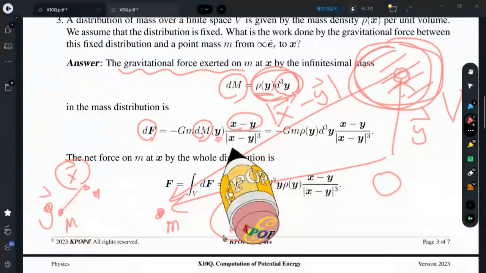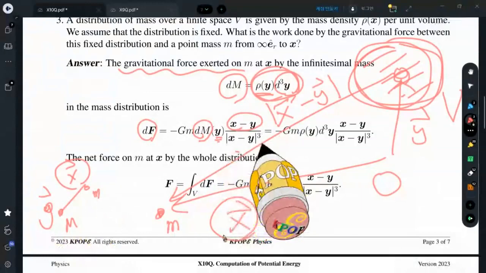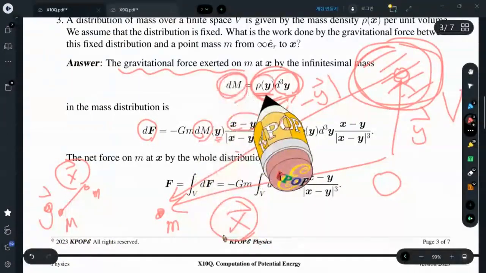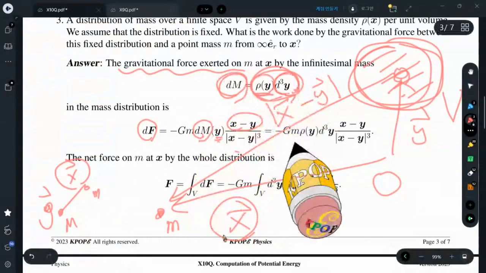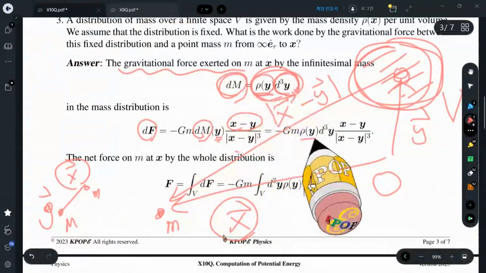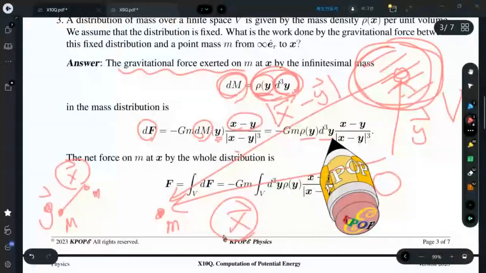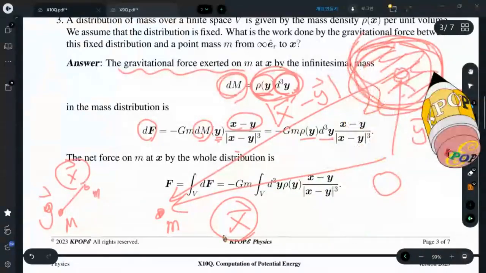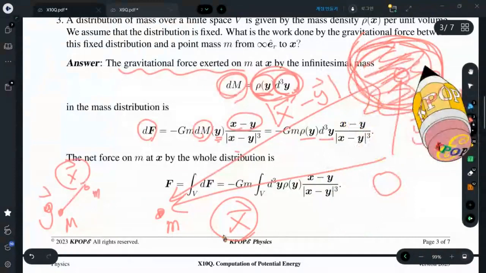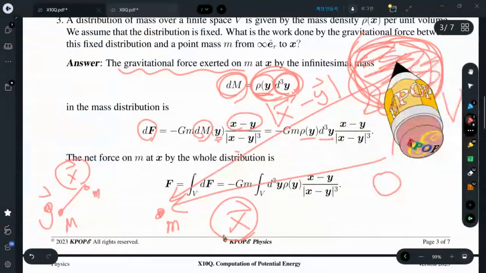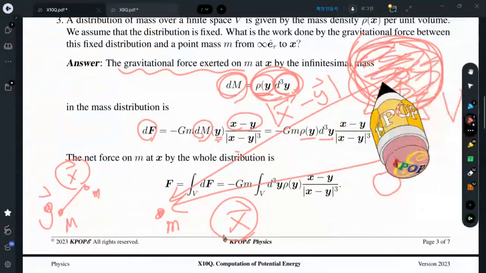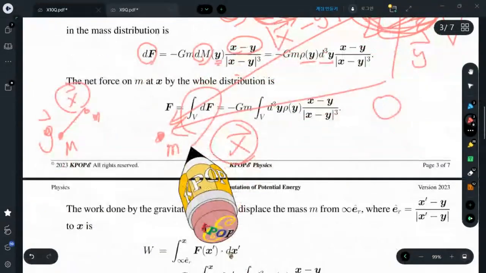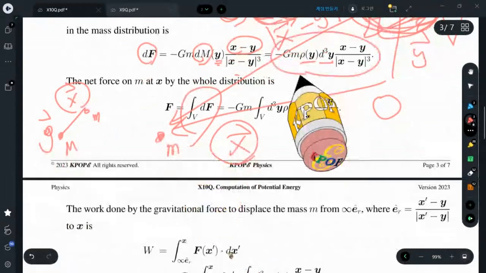All right, and then replace this mass by density multiplied by volume. I need to integrate over this mass distribution, whatever it is. It can be an Earth, it can be a sun, or a galaxy, or something like that. So integral, and substitute this guy in here.